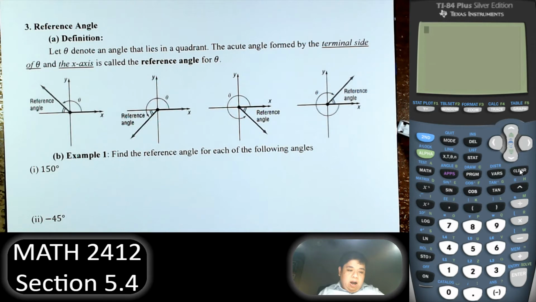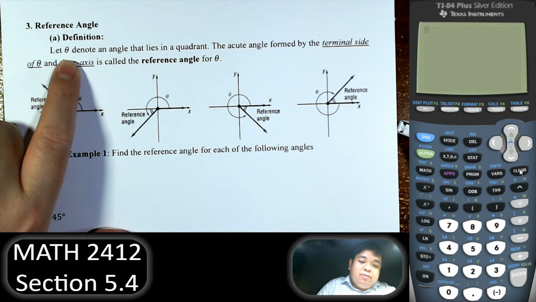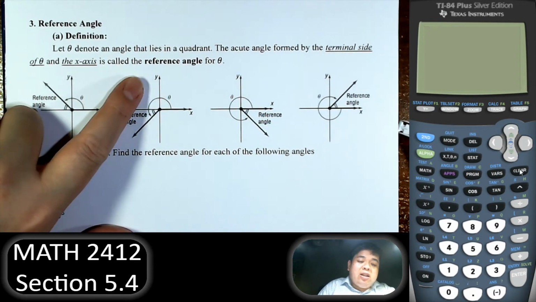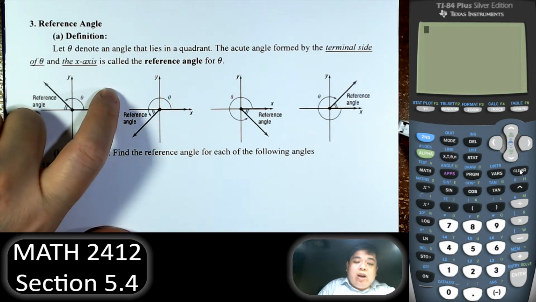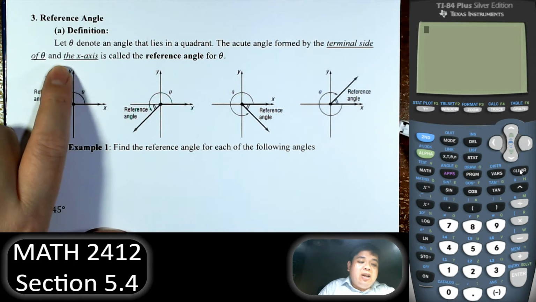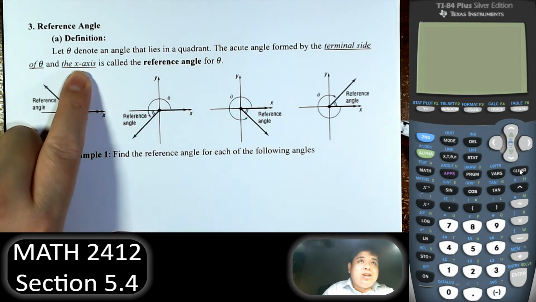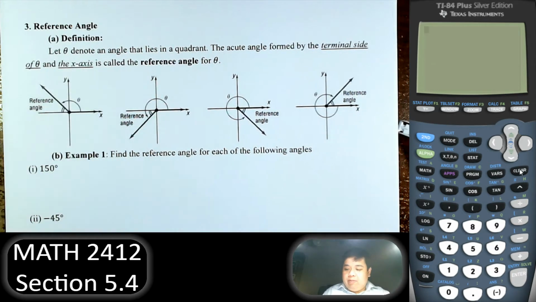Right, next we have the reference angle. Let theta denote an angle that lies in a quadrant. The acute angle formed by the terminal side of theta and the x-axis is called the reference angle. So this did not say with the positive x-axis, so it could be either positive or negative.